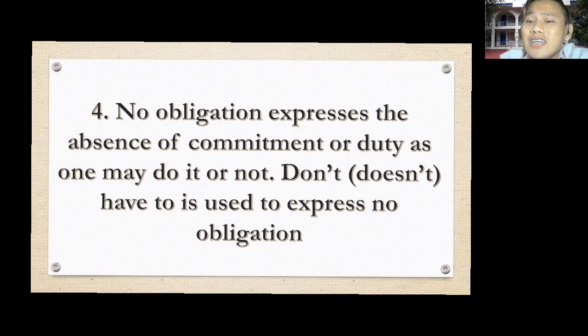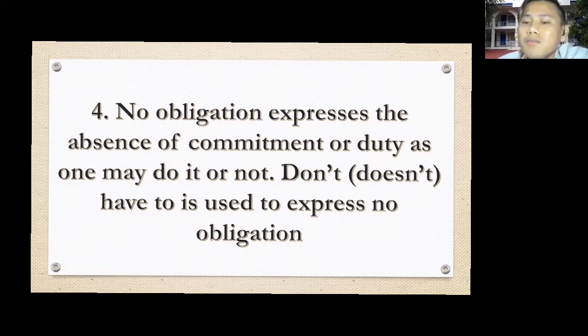No obligation expresses, of course, the absence of commitment or duty, as one may do it or not. So what modals are we going to use if there's no obligation, there is no commitment at all on something? Or maybe you can do it or not, whether you like it or not.